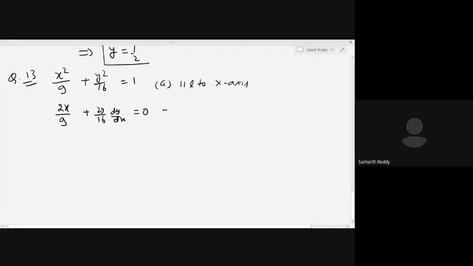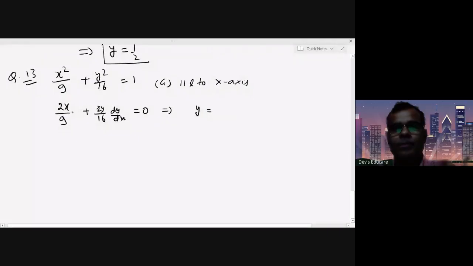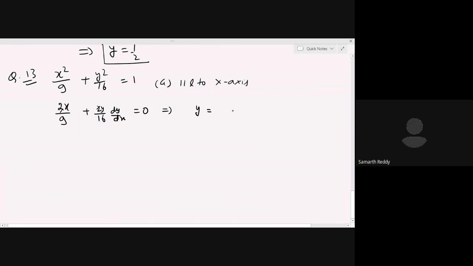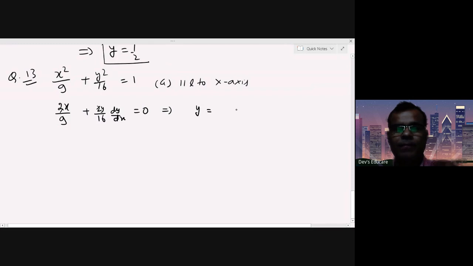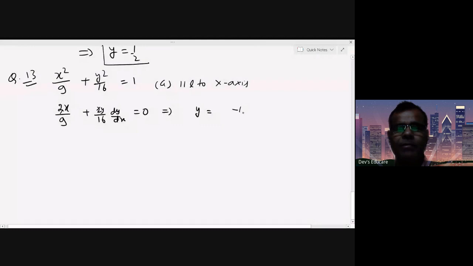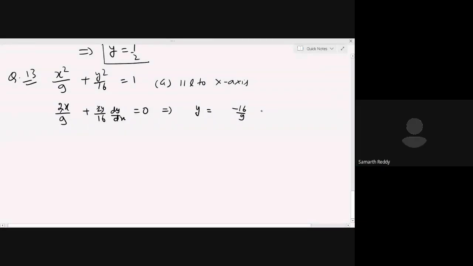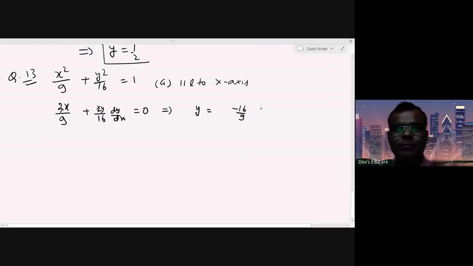And this gives, this 2 will be cancelled out actually. So dy by dx equals minus 16 upon 9 times x upon y.